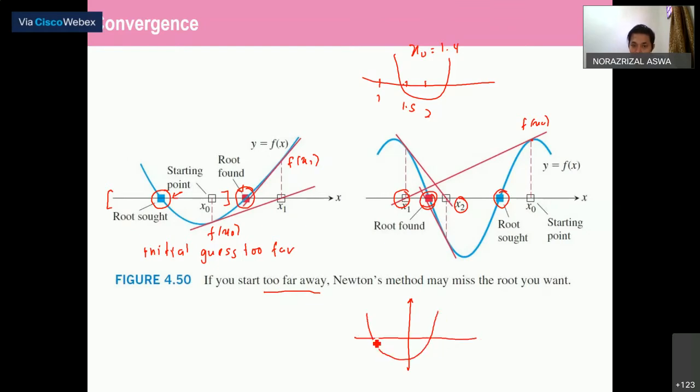You know that the root happens here in your graph, and you can choose something around here, maybe -1. So basically, the choice of initial guess depends on your graph, or sometimes in the question it will be given.